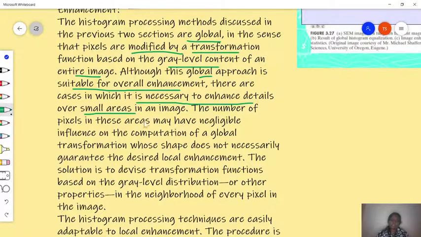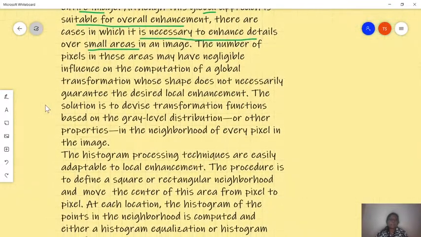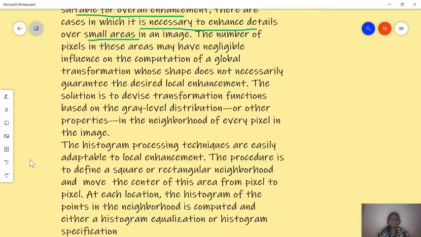Then, within the small areas of the image also, we can get more information, more details, more enhancement by this local histogram processing.